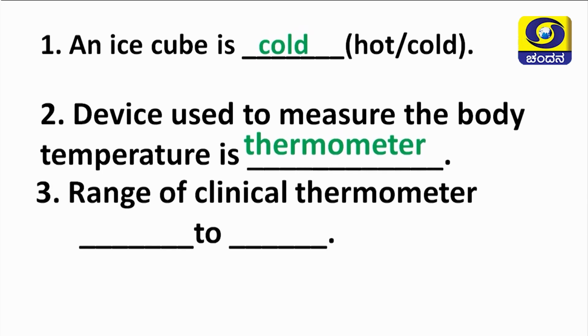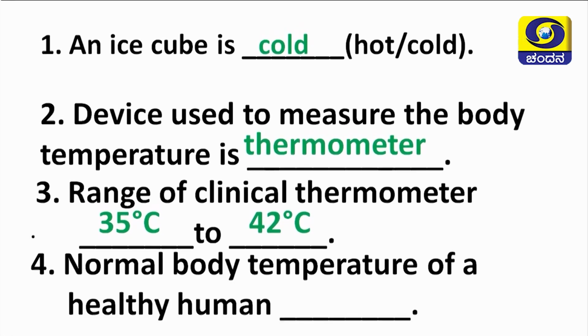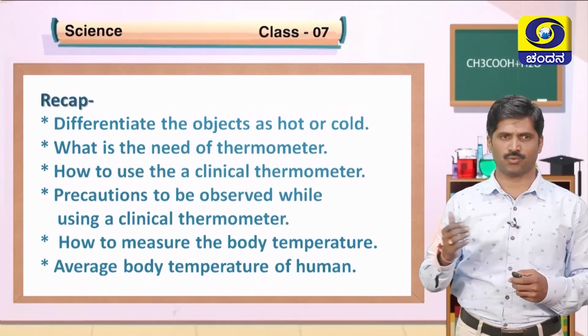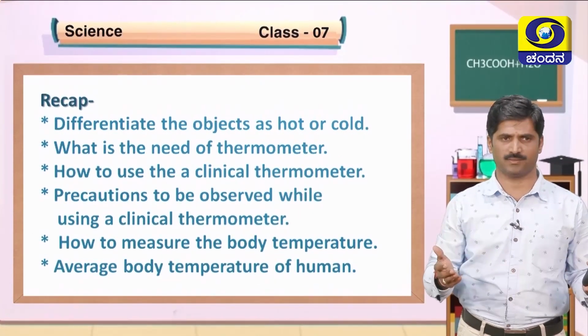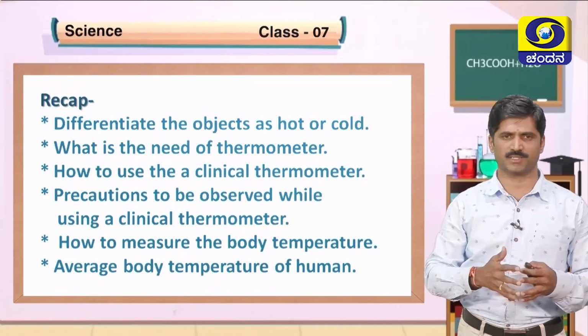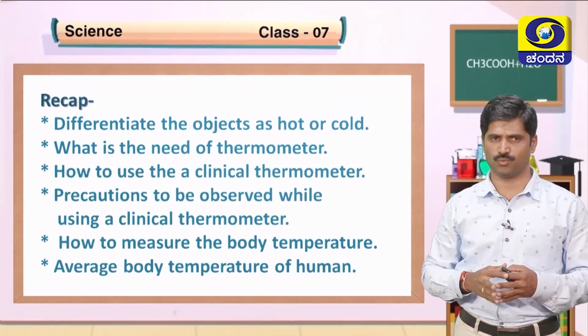The range of clinical thermometer is dash to dash, it is 35 degrees Celsius to 42 degrees Celsius. Yes. Normal body temperature of a healthy human is 37 degrees Celsius.